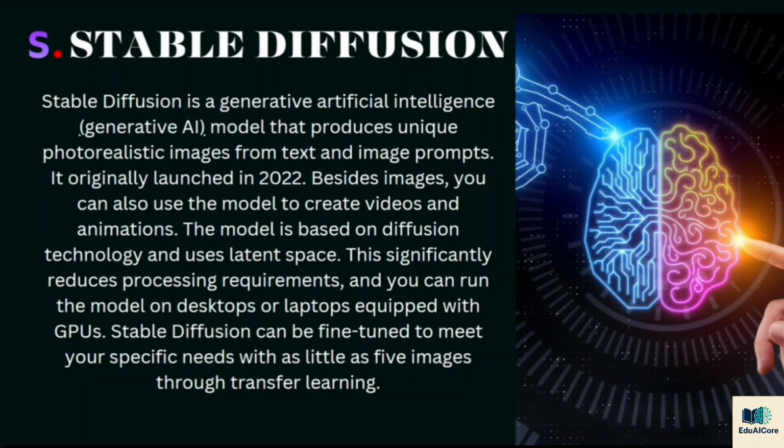This particular AI model is based on diffusion technology and it uses latent space. This significantly reduces processing requirements, and you can run the model on a desktop or a laptop which is equipped with a GPU.